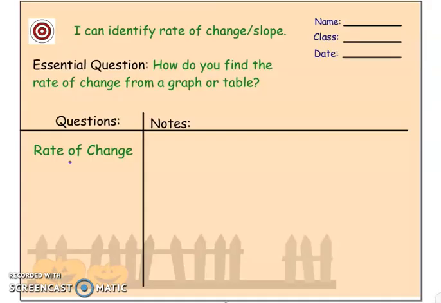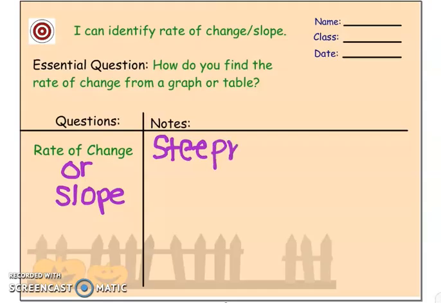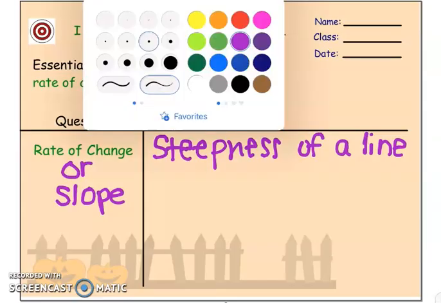Rate of change is the same as the slope of a line. So we've already worked with slope, and I'm just going to remind you what we've already worked with. So slope is the steepness of a line. And we also define slope as rise over run.